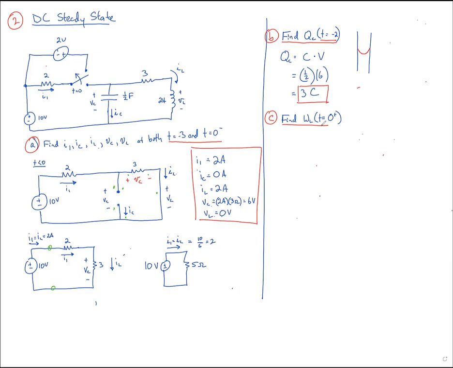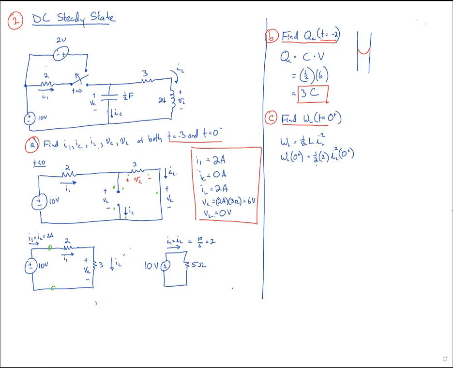The formula for the energy in the inductor is 1/2 L, the current through the inductor, squared. So if we want to find the energy at 0 plus, it's going to be 1/2 times the inductance, which is 2, times the current through the inductor squared at 0 plus.